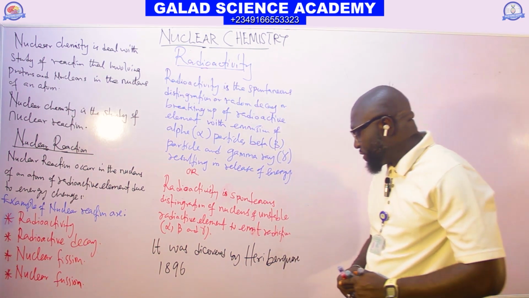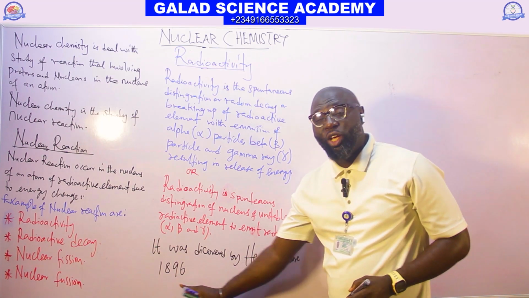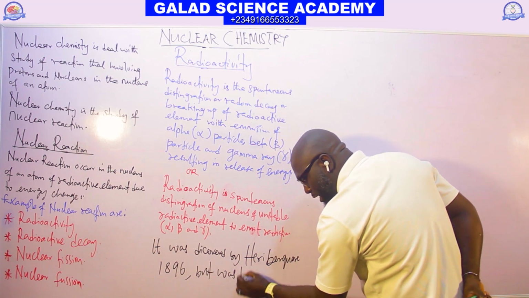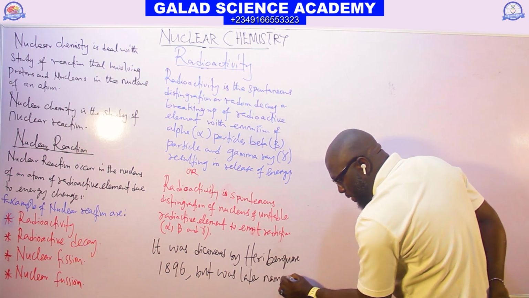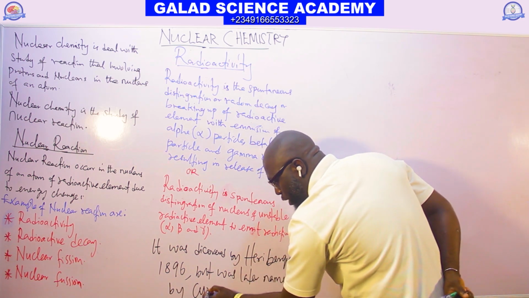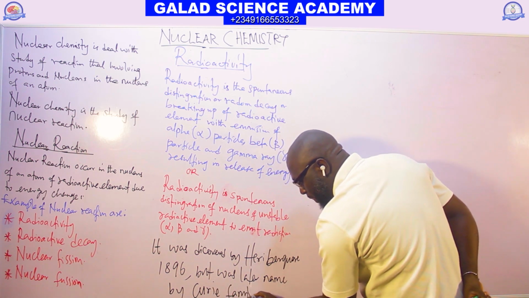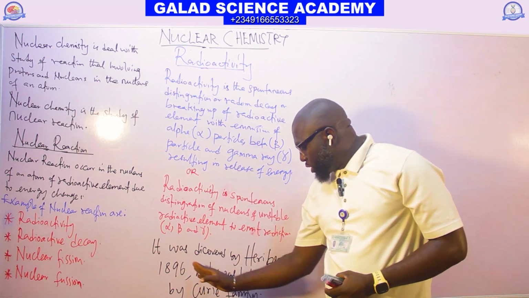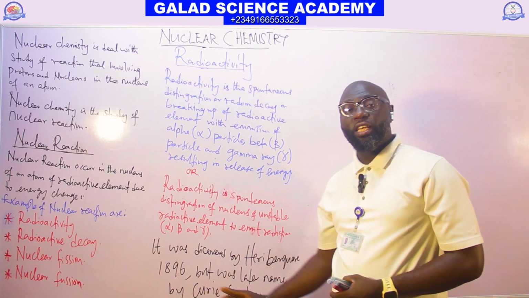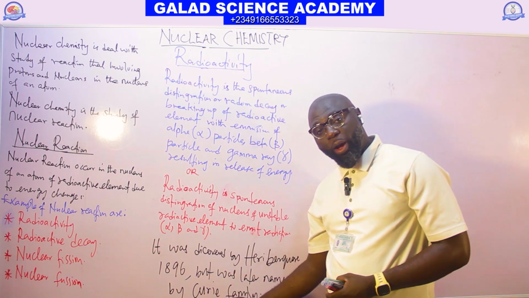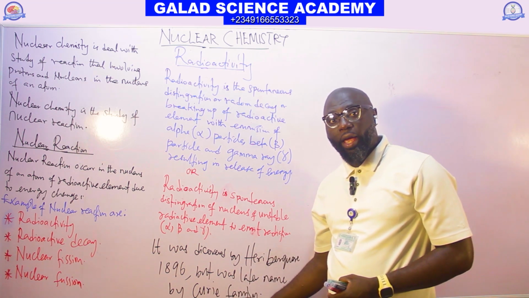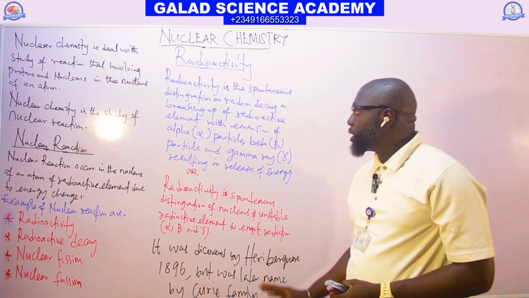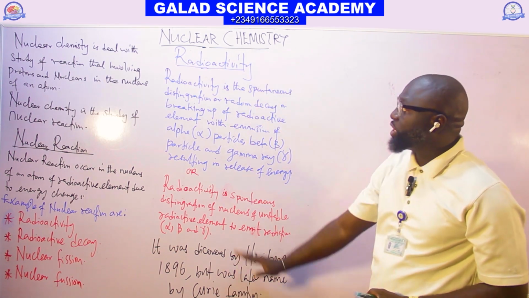So the person that discovered radioactivity is Henry Becquerel in 1896, but it was later named by the Curie family: Marie Curie and her husband. So that is the definition of radioactivity.